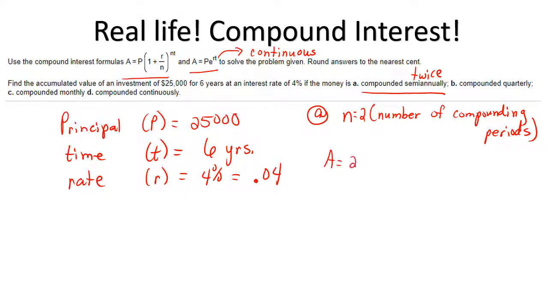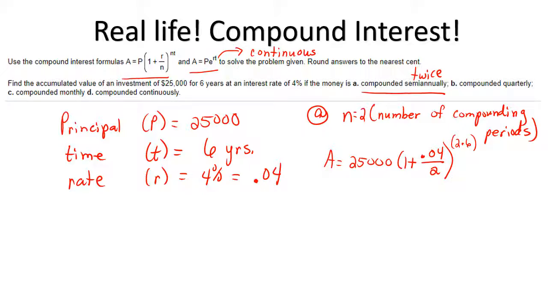A equals 25,000 times 1 plus the rate 0.04 divided by the compoundings 2, raised to the exponent of 2 times 6. Now I normally put this either in parentheses or I go ahead and just call that 12.